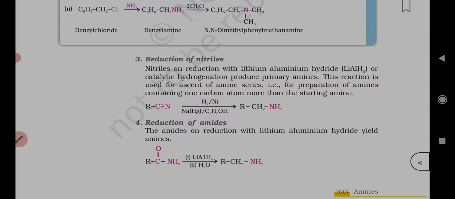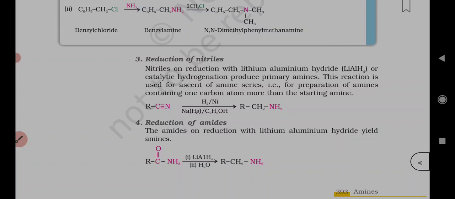One carbon less you will get, so you have to take a 4 carbon amide called butanamide, CH3CH2CH2C(=O)NH2. The CH3CH2CH2 is transferred to NH2 by degradation reaction, which takes place in the presence of aqueous or ethanolic NaOH and Br2. So HBD, Hoffmann bromamide degradation.